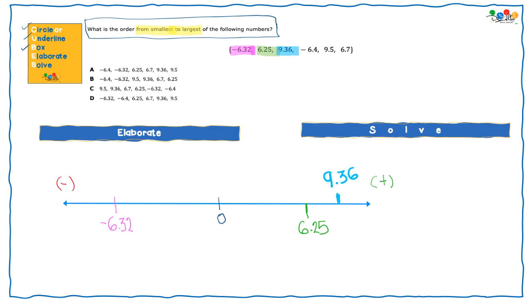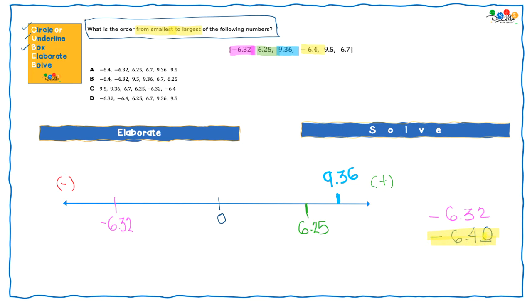Great. My next number is negative 6.4. What I know here, guys, is going to be important. I'm going to complete my first number, negative 6.32, and then bring down the other negative, negative 6.4. When we don't have one place value, we can fill in with 0.